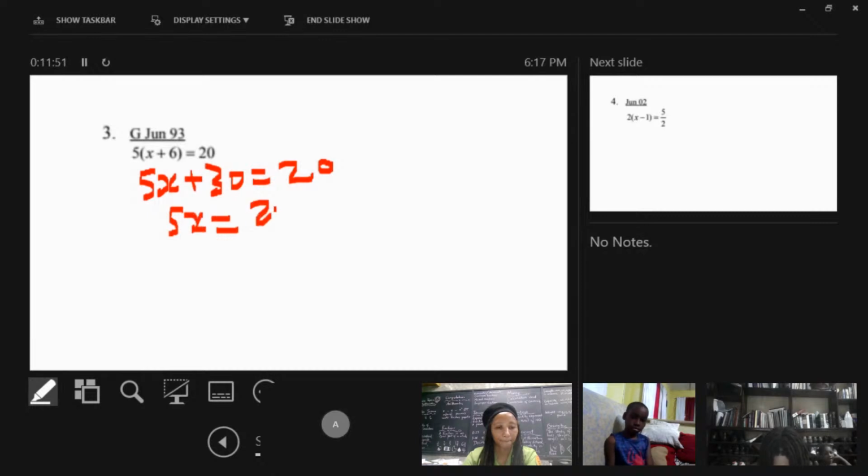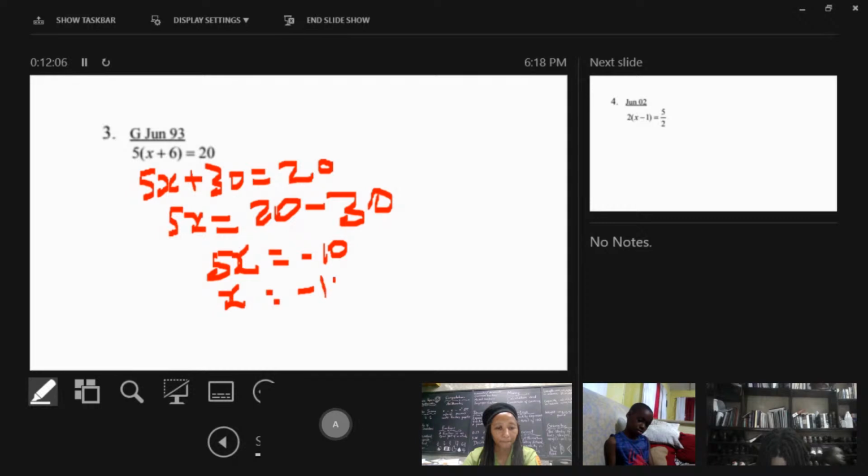So 5x is equal to negative 10. So x is equal to negative 10 over 5, and x is equal to negative 2. Okay.